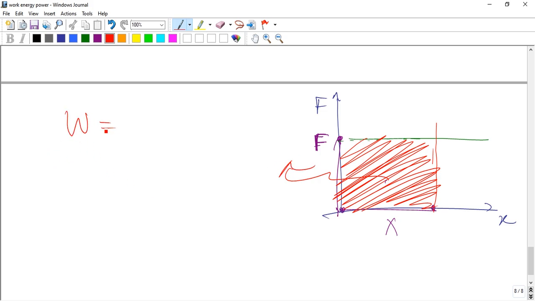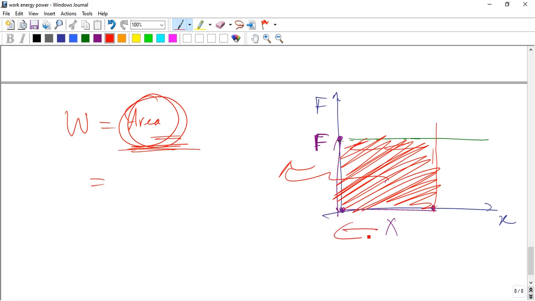So work done is equal to, that is a rectangle. We know that a rectangle means area of rectangle. So in terms of area, the area represents work when force is variable. The rectangle area is length into breadth.